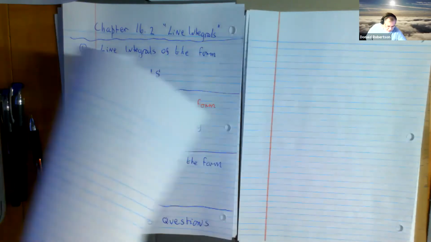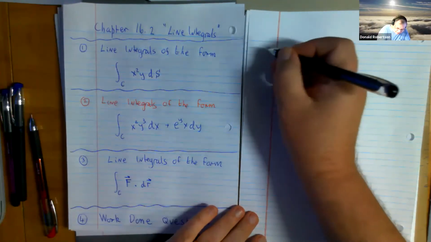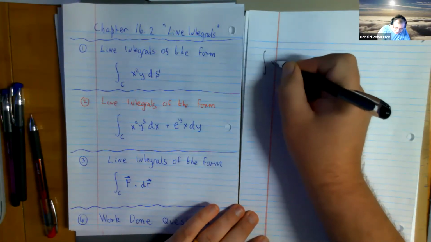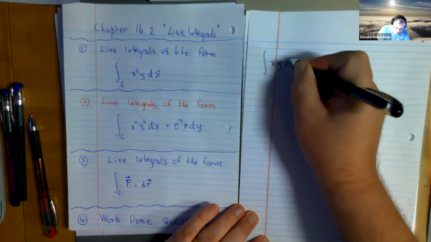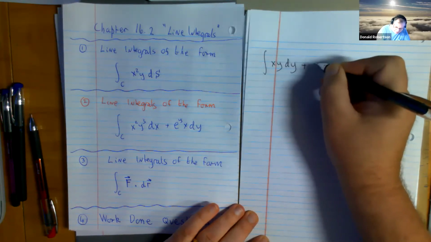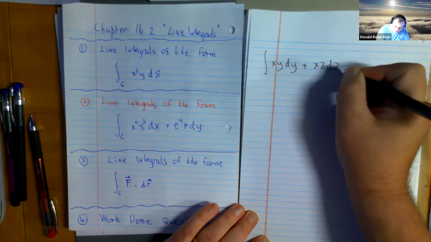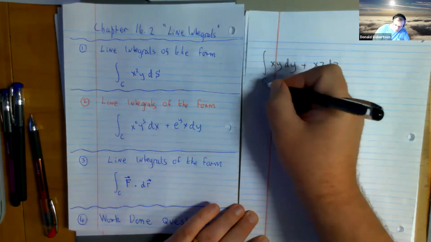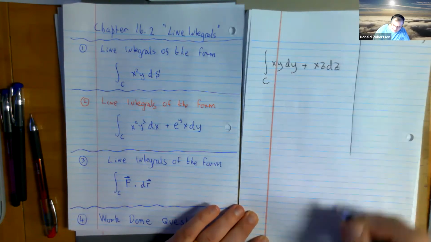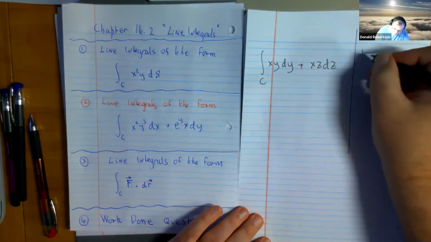And the last one I want to do is just a line integral, xy dy plus xz dz over some C. And this one is 3D.